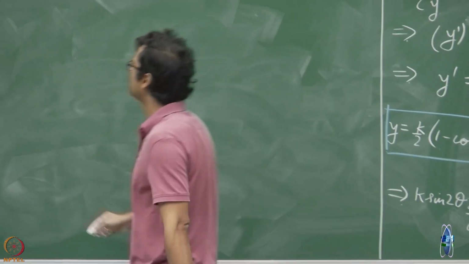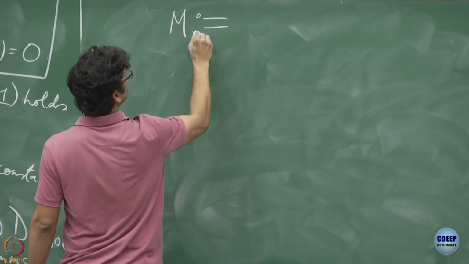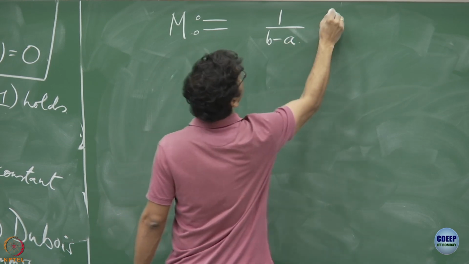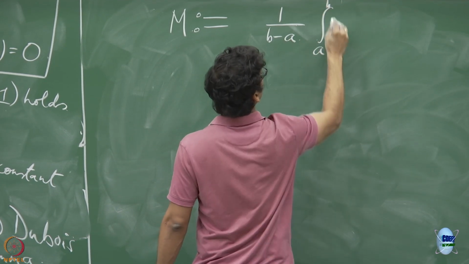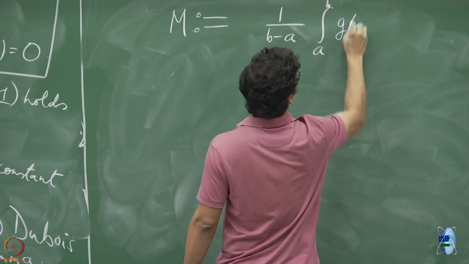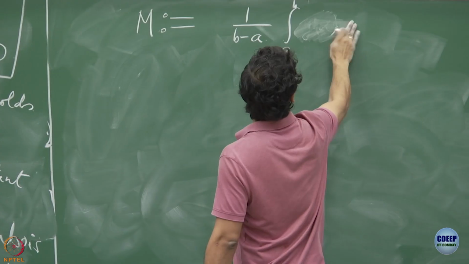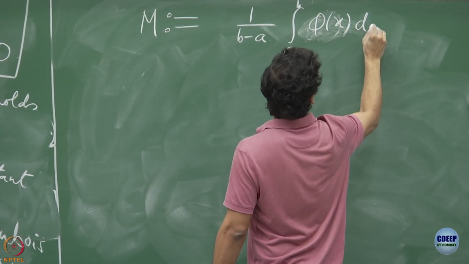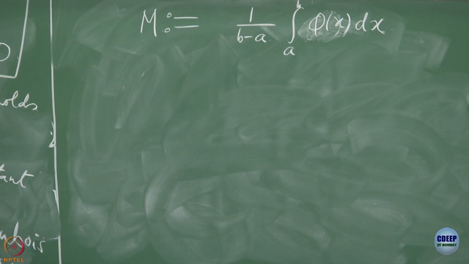Let's just define this object here. Okay. So it's like the average of the function over the interval.